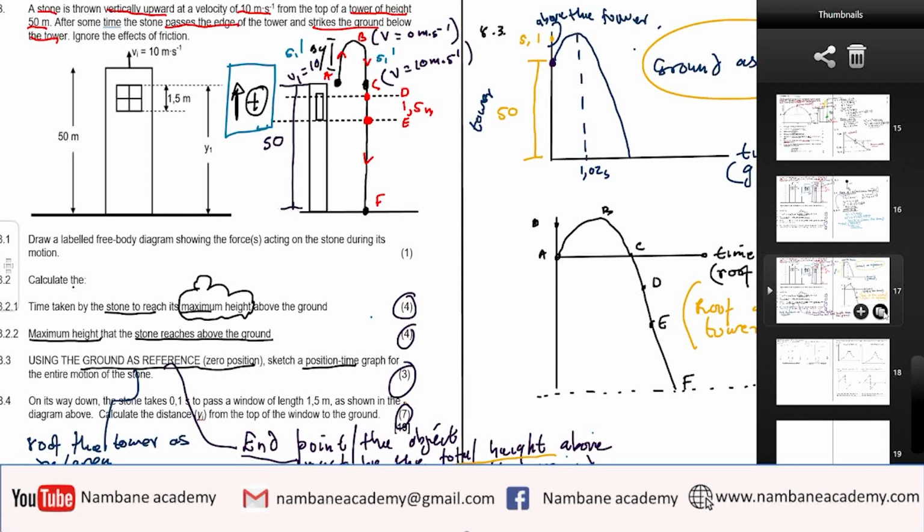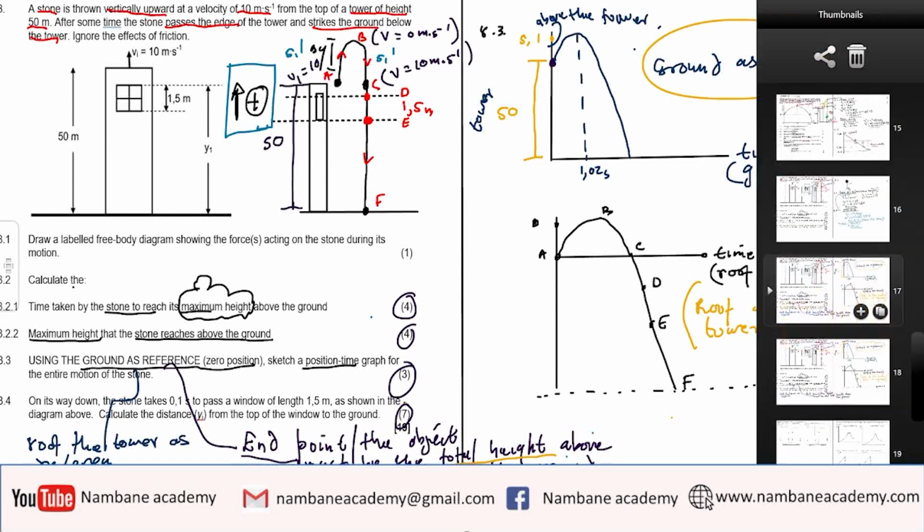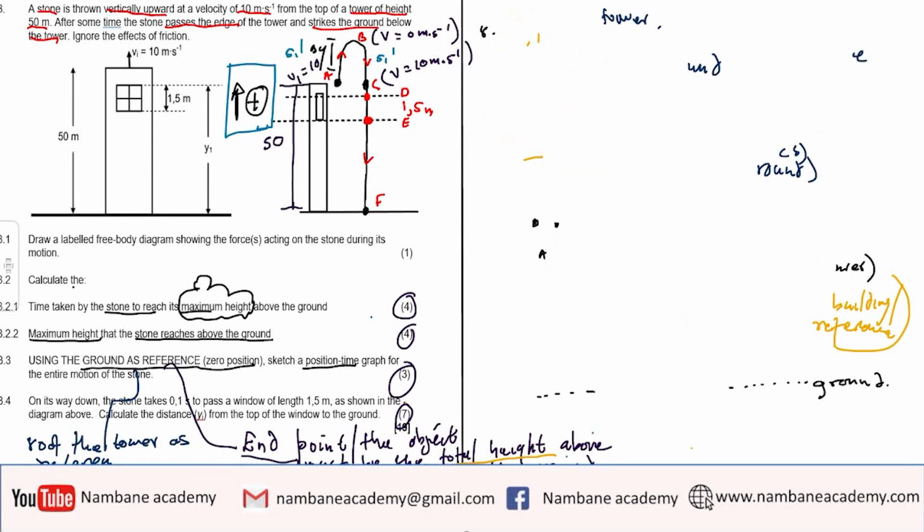Because, ladies and gentlemen, you are going to draw any graph that you want. But if they don't tell you which one to draw, but for position versus time, we usually do. We will tell you we want you to draw this one or that one, depending on the examiners thereof.